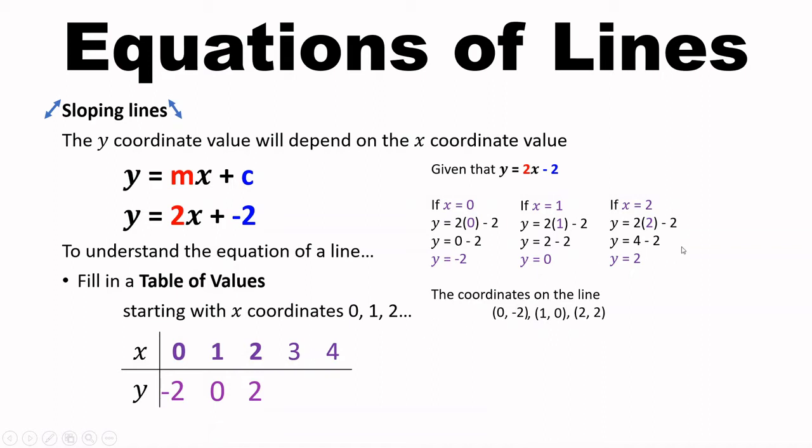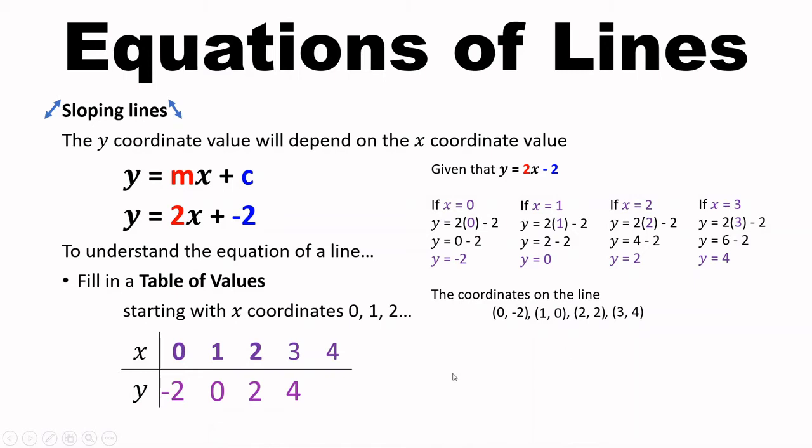When x equals 3, y would be equal to 2 times 3 minus 2. 2 times 3 is 6, so that's 6 minus 2, which is 4. When x is equal to 3, y is equal to 4. And our coordinate point is the point (3, 4).